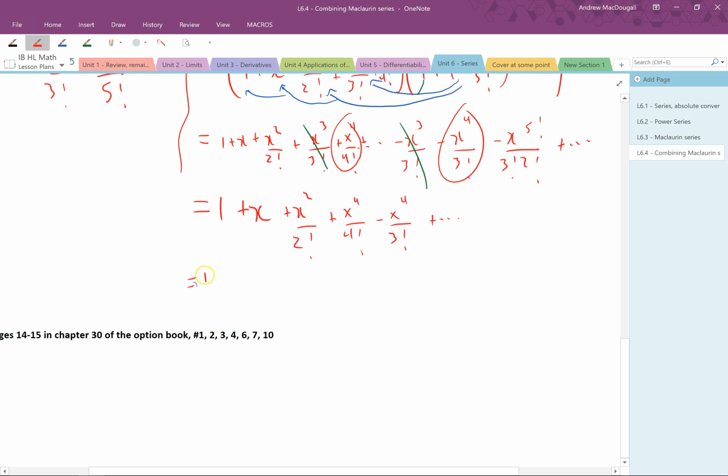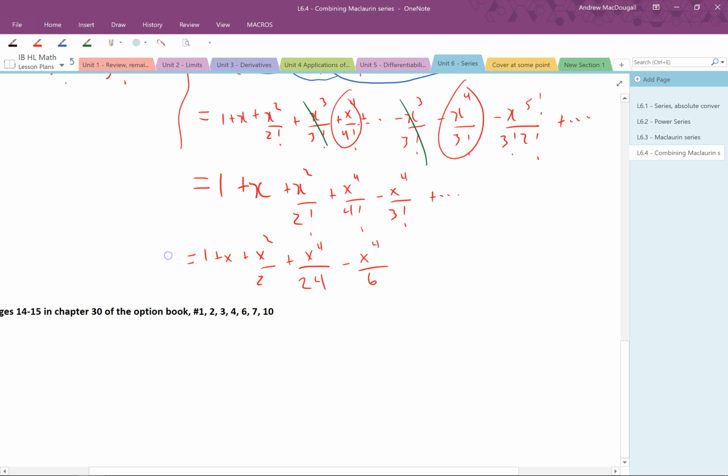And let's clean this up. So this is 1 plus x plus x squared over 2 factorial, which is 2. Now this is x to the 4 over 4 factorial. 4 times 3 is 12 times 2 is 24. Minus x to the 4 over 3 times 2, which is 6. Okay, let's finish this off.